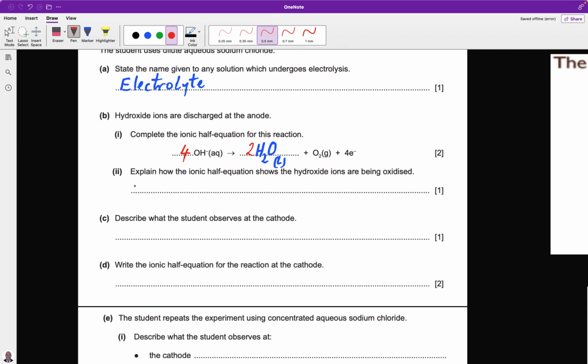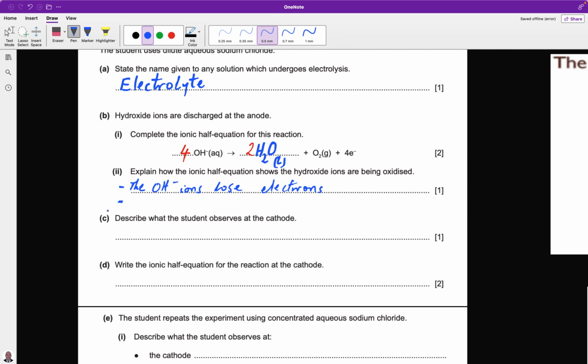The first reason we can give here is that the OH ion loses electrons.